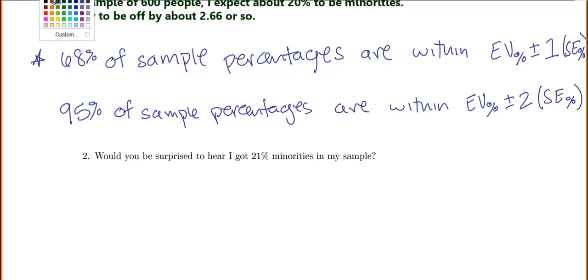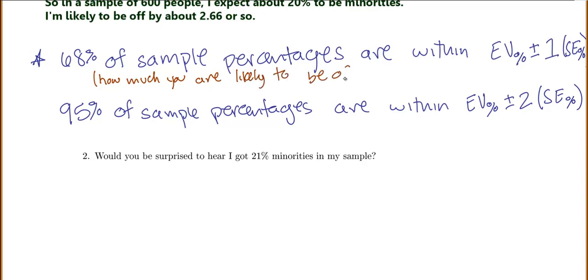So we see these numbers come up over and over again in this course. So within one standard error, that's what we say how much you're likely to be off by. And again, you can be off by a bit less than that, by a bit more, but because 68% of the sample percentages are within that range, we say that you're likely to be off by that much.